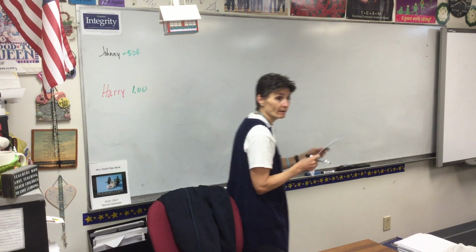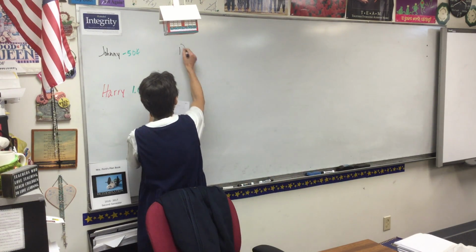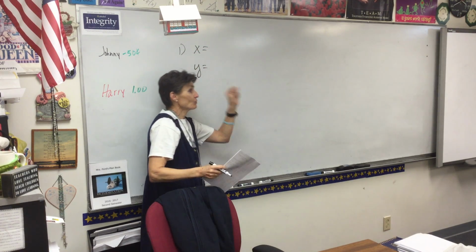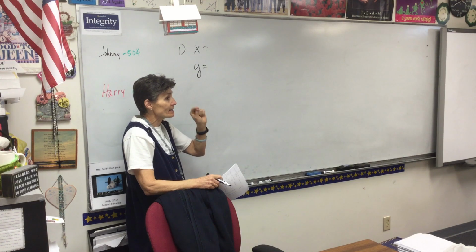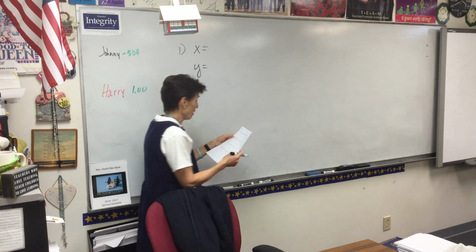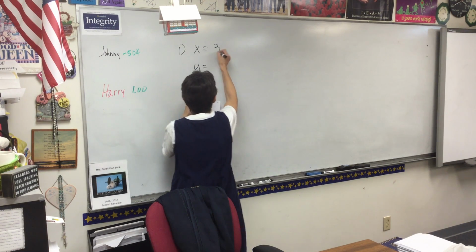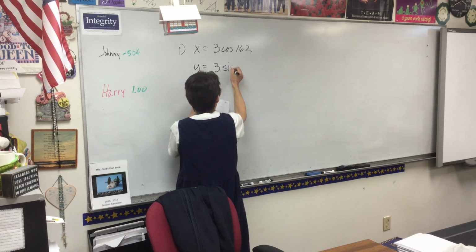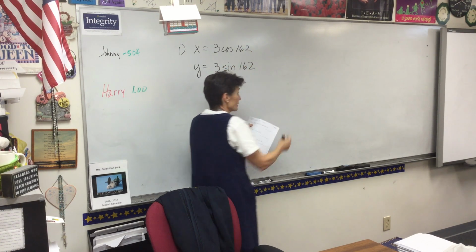The rectangular, which means x and y. So when I look at problem 1, it says convert to rectangular. That means find x and y. And what do we know about x? R cosine. So it's going to be 3 cosine 162 and 3 sine 162.